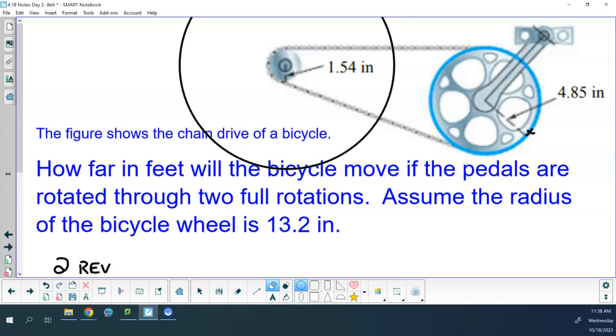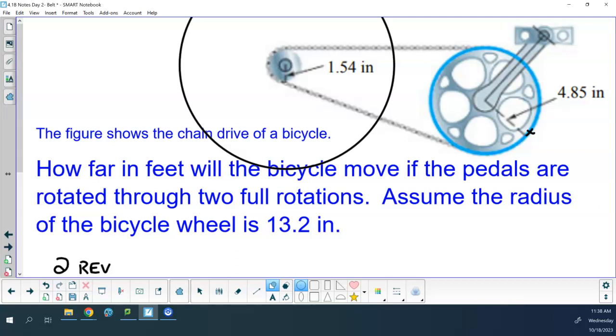Wheel's attached to that one, right? Okay, so we need to end up there. How do we get there? Go through the chain. Okay, so let's go through the chain first.